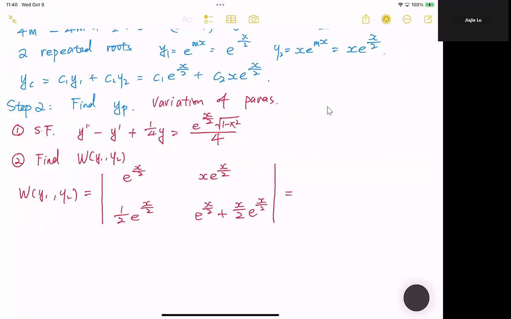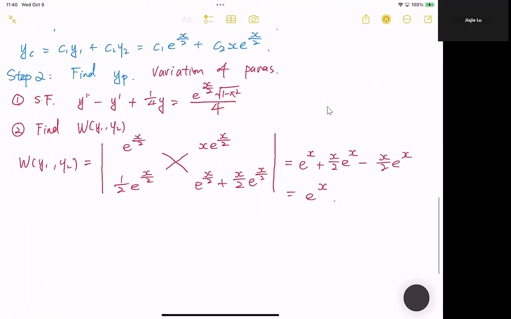Then to find the determinant, you use cross products. So this gives us e^x plus x over 2 e^x, then minus x over 2 e^x. So this is clear. It's nothing but e^x.